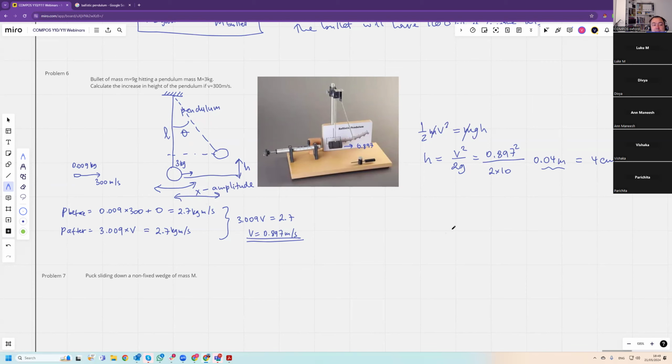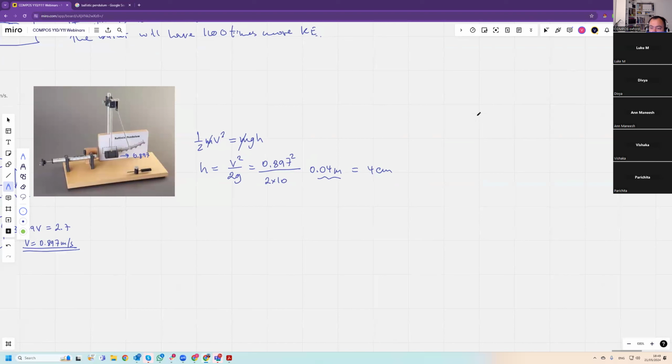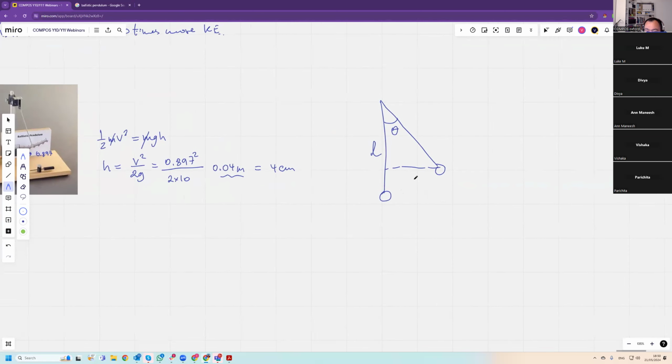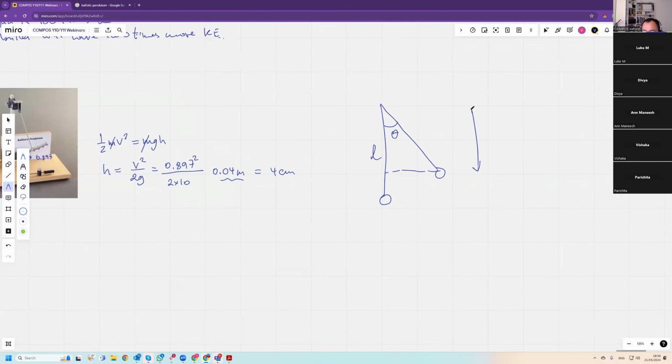Okay, so if the length of the pendulum is L and it deflects by angle theta, this length is L cos theta. So H would be L minus L cos theta. Okay, so you can work out theta from here.